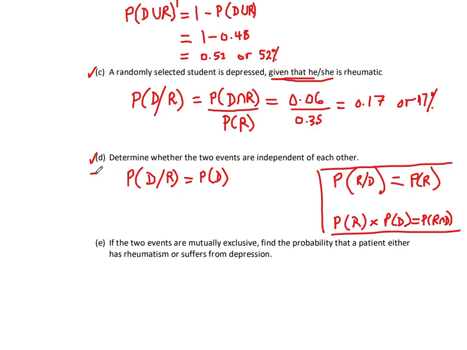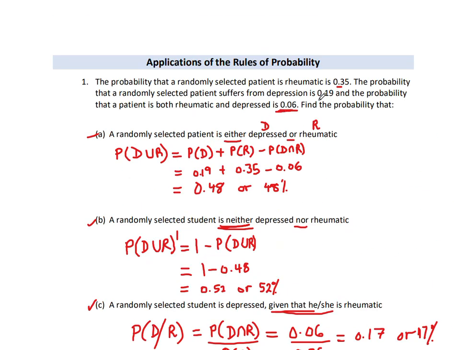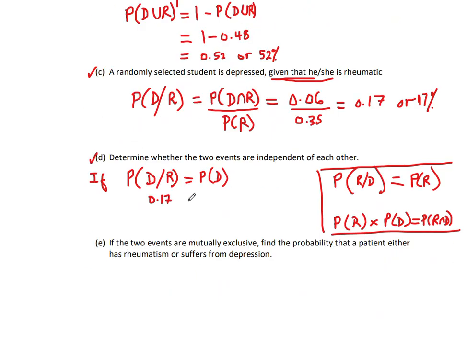Two events are independent if the probability of D given R is equal to the probability of D. We worked out D given R earlier to be 0.17. And let us check the probability of D itself, which is the probability that a person is depressed, is 0.19. They are different. So 0.17 is not equal to 0.19, and so we conclude that the events are not independent of each other.